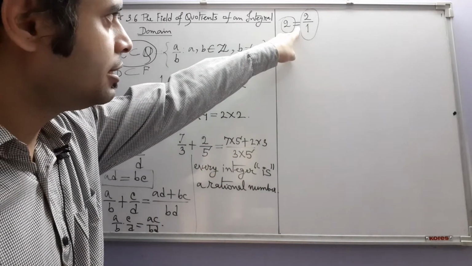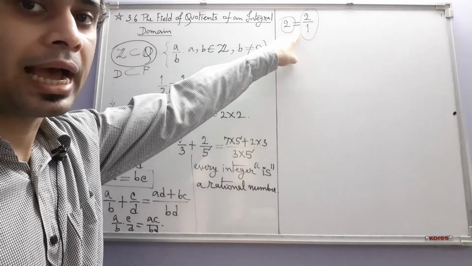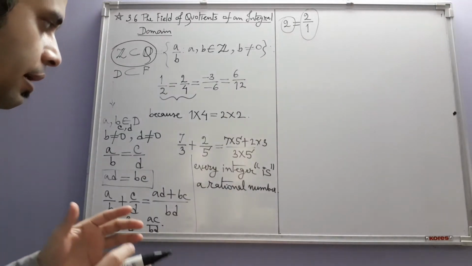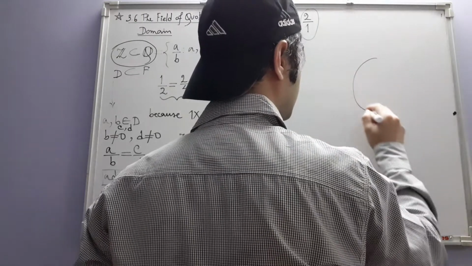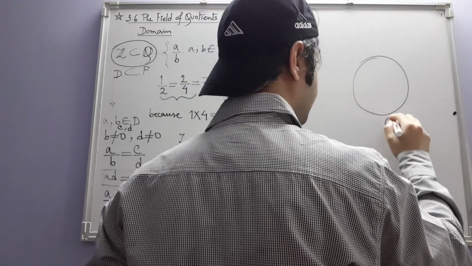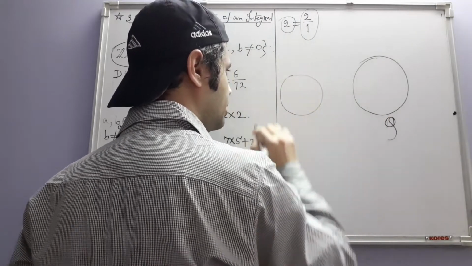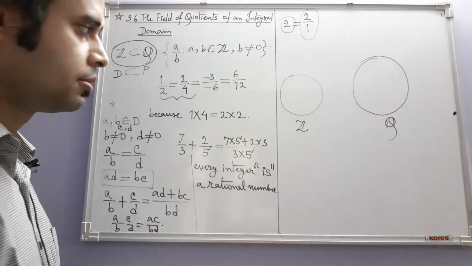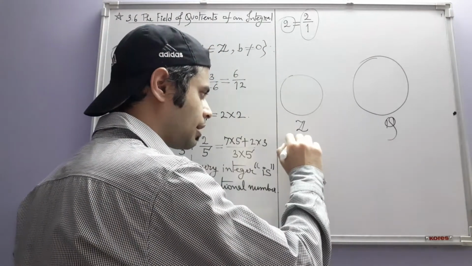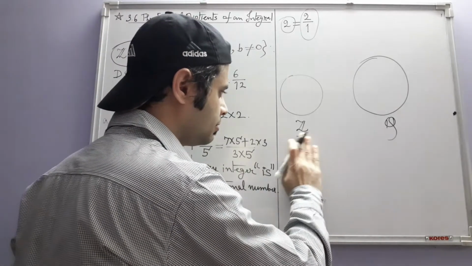This equality is not literal, but it is a sort of identification. The real thing is this. Here I have the field of rational numbers. Here I have the integral domain of integers, or Herstein wants to call it J, it does not matter.